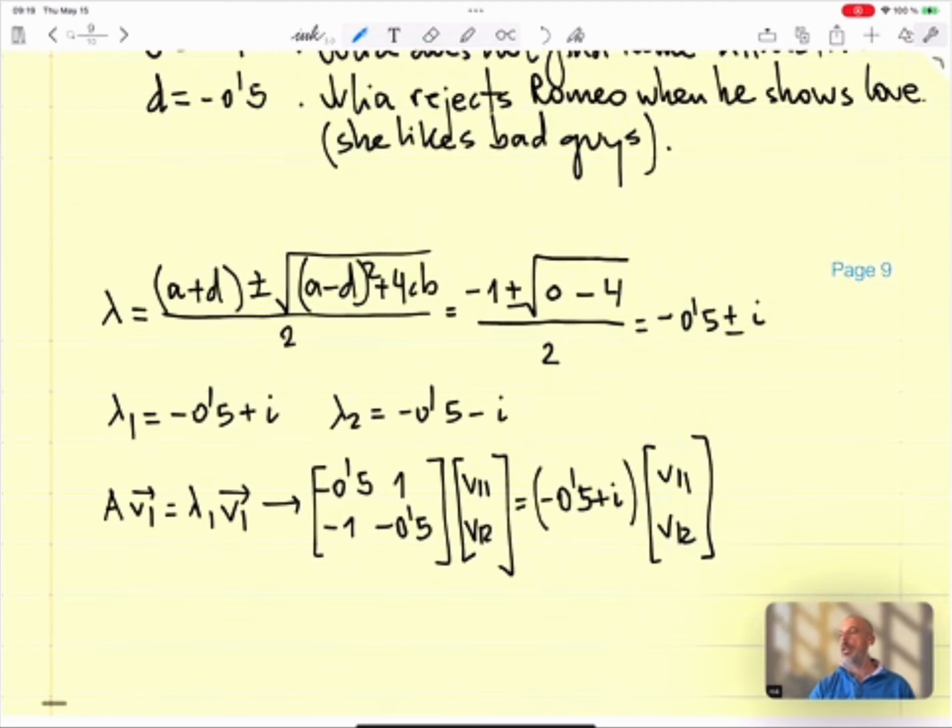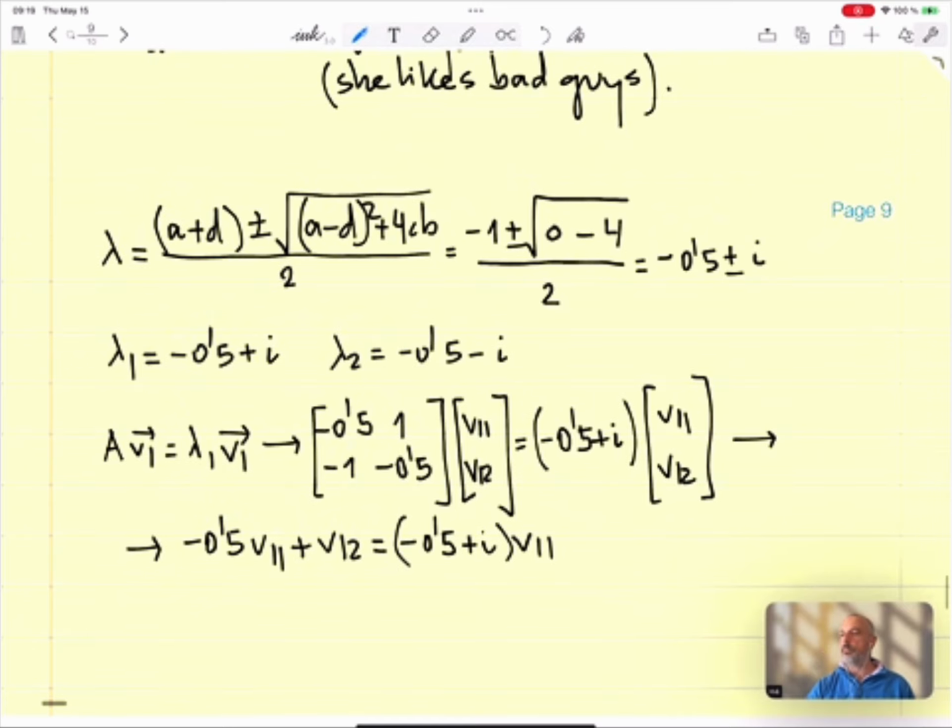All right. So minus 0.5 v11 plus v12 is (minus 0.5 plus i) v11. Okay, and minus v11 minus 0.5 v12 equals (minus 0.5 plus i) v12. Good.